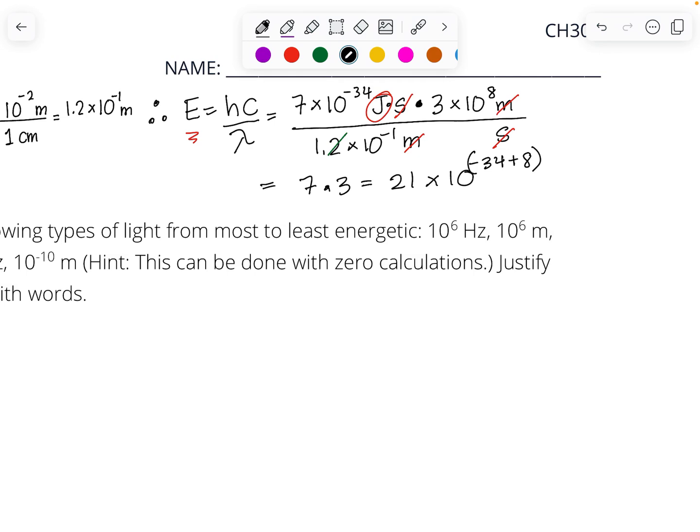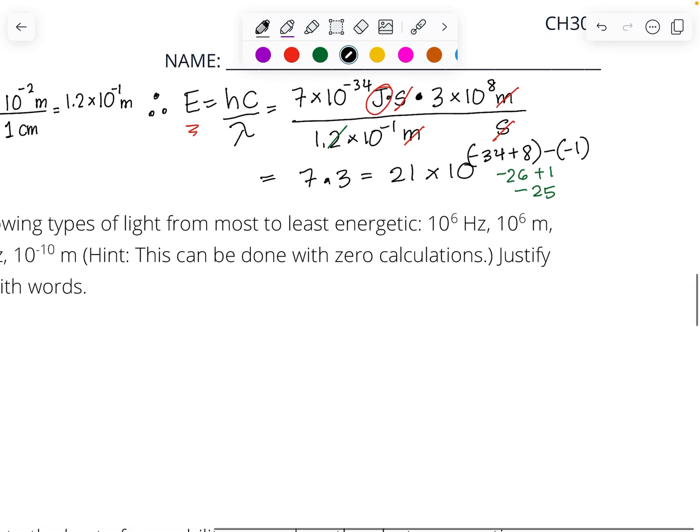And then we have to subtract if we're dividing those exponents, so minus a negative 1. So negative 34 plus 8 is a negative 26, plus 1, so that's a negative 25.